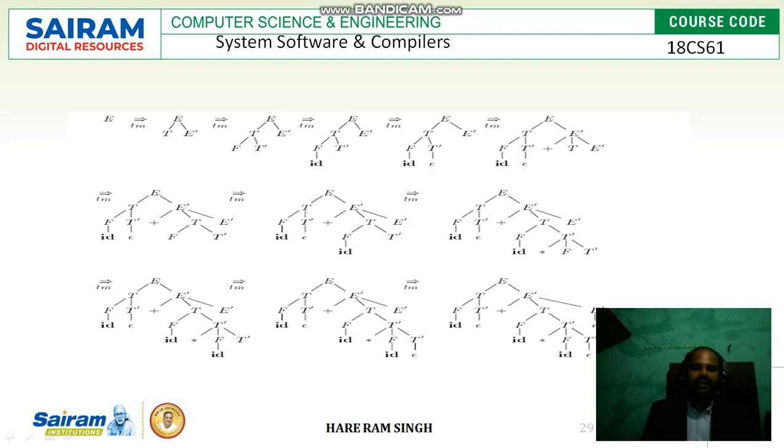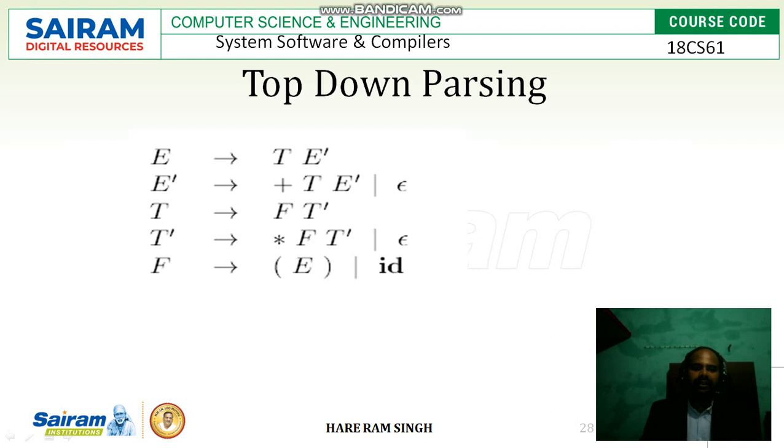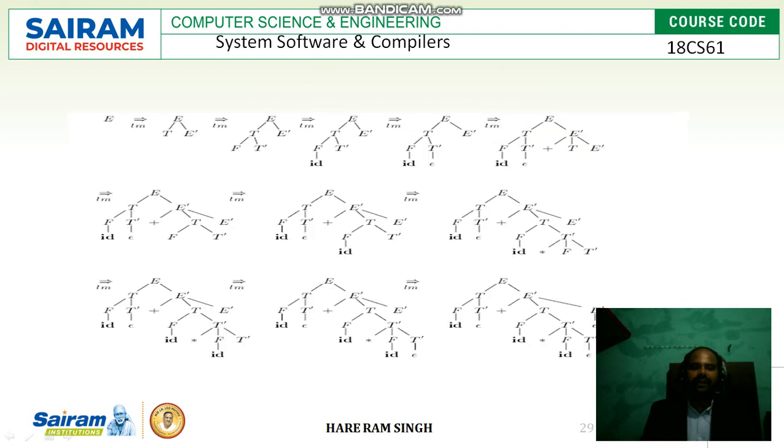Then this T' can again be replaced with epsilon or *FT'. But if you replace with epsilon, you do not get * id. So this T' will be replaced with *FT'. Then this F will be replaced with id, so that we are getting id + id * id matching.